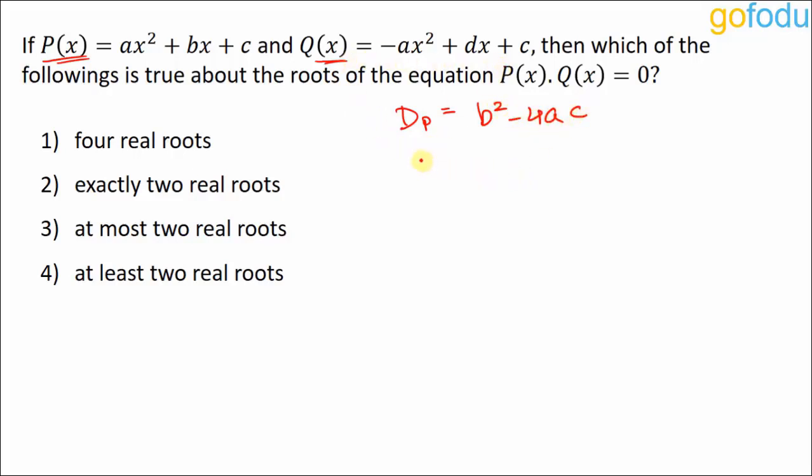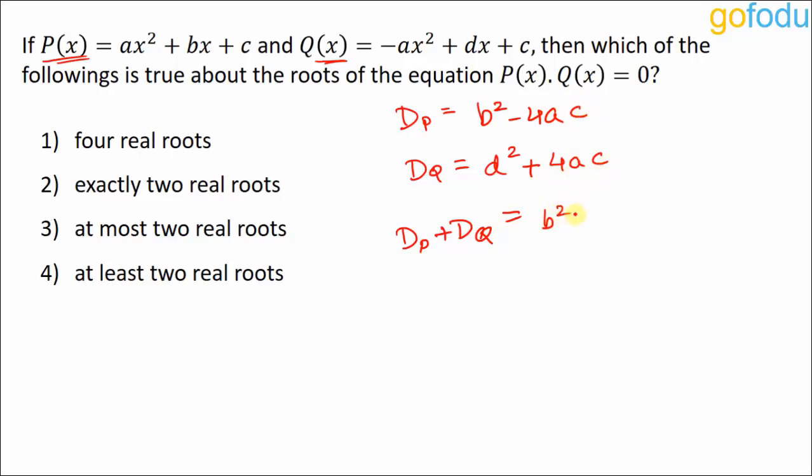And for the second equation, d of q, discriminant will be equal to b square, that is d square, minus 4a, a is minus a, so minus minus is plus 4ac, right?